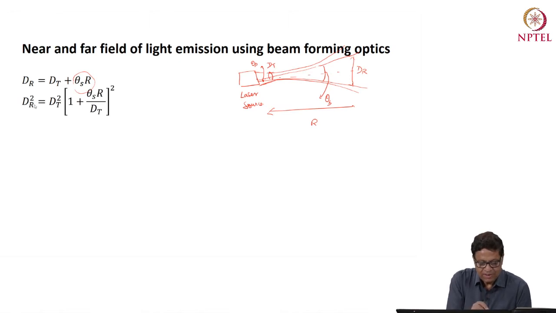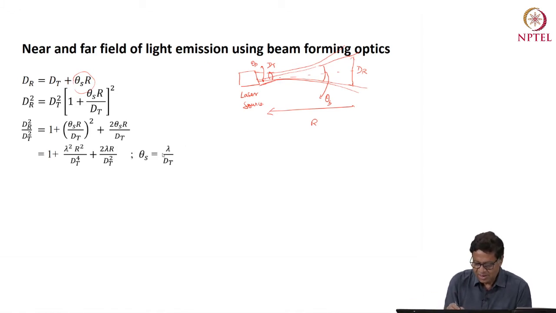Now I am squaring these terms, dr square and dt square. I have taken dt square common, so this becomes 1 plus theta s r divided by dt, whole square. Let us expand this. This becomes 1 plus theta s r divided by dt, whole square, plus twice of theta s r by dt.